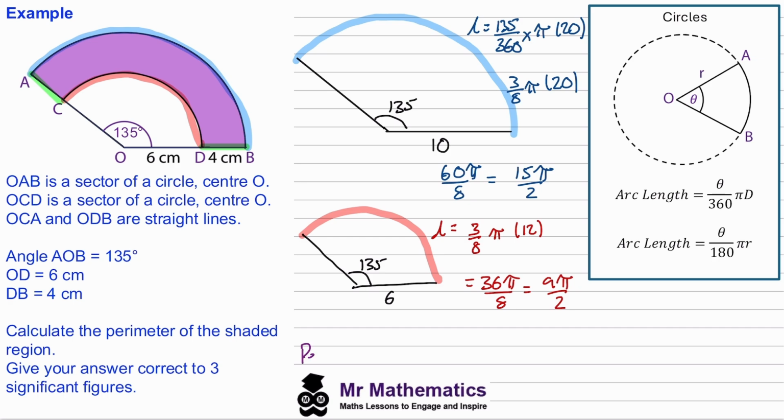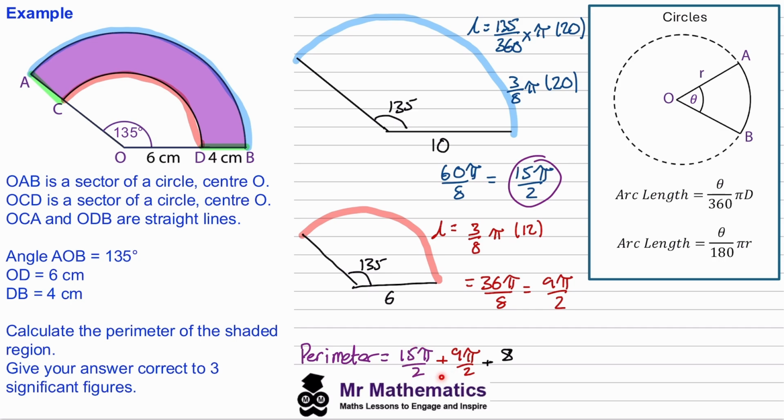So the total perimeter would be the blue arc length, 15 pi over 2, plus the red arc length, 9 pi over 2, plus this length, which we know is 4, and this one, which is also 4, so plus 8.